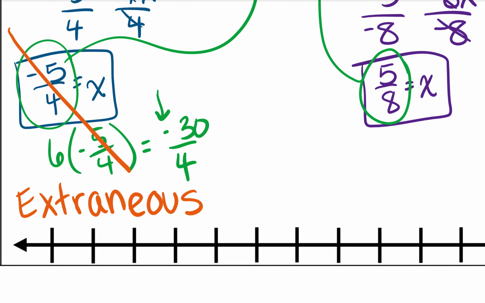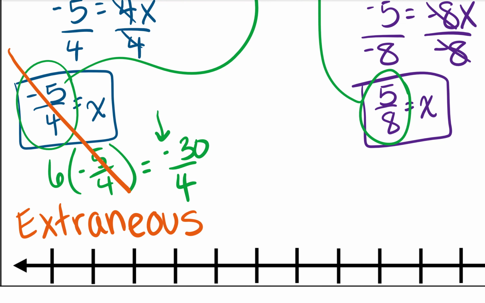So when an answer for absolute values doesn't work because it makes a negative, such as this one, we call that extraneous, or an extraneous solution. So negative 5/4 is extraneous. We don't count it. It works technically, but because of absolute values and how they work, and there are rules for that, we can't use it.